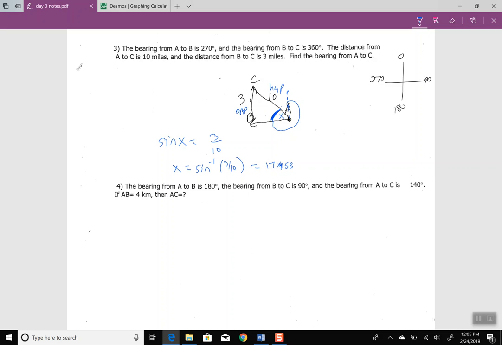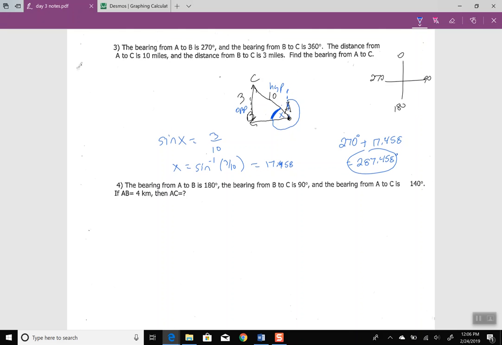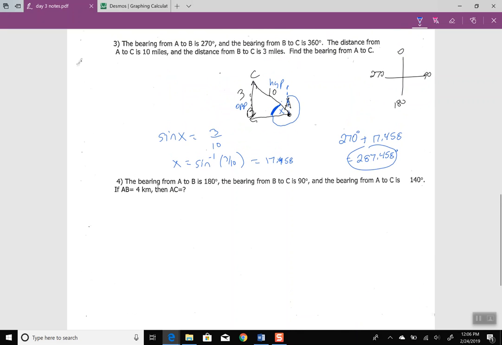So we had 270 degrees plus 17.458 degrees. That ends up being 287.458 degrees. So again, the important thing is just to remember, wherever you're starting out and it says bearing, just imagine a line going due north and figure out what that degree is.